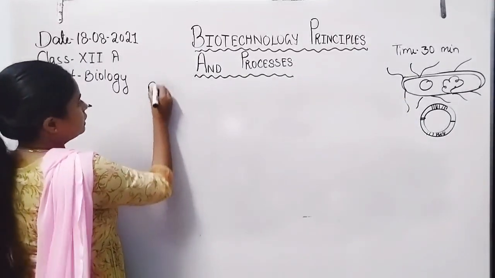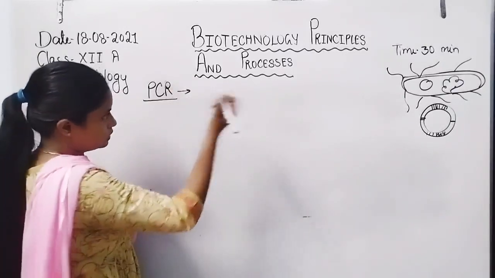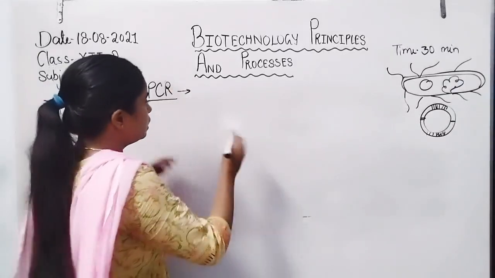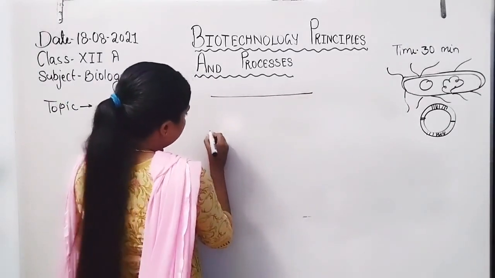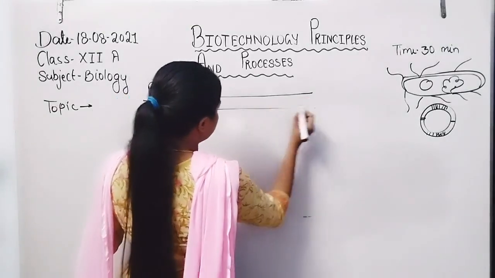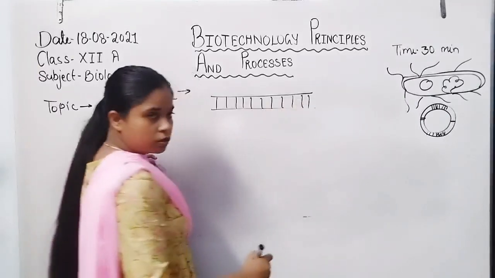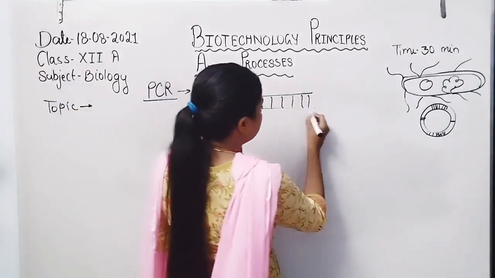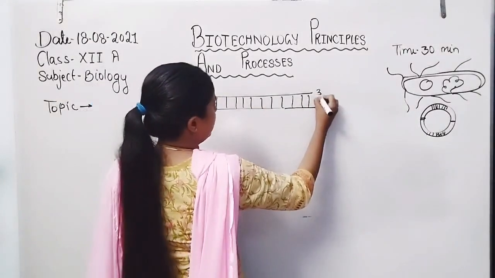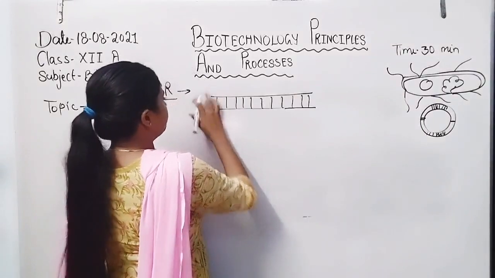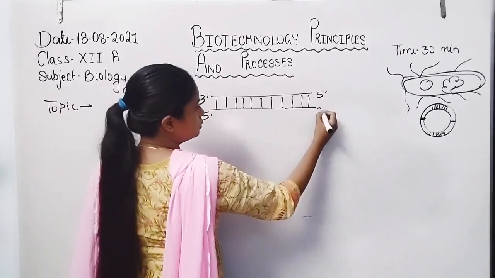So here is PCR, the polymerase chain reaction. We are going to discuss the polymerase chain reaction. If we draw the whole strand, here is the DNA strand. Between the nucleotides there are double or triple hydrogen bonds present between both polynucleotide strands. The directions of these strands are 3' to 5' and 5' to 3'.